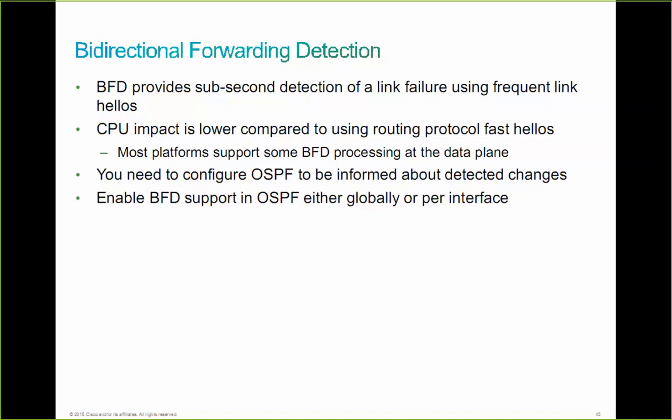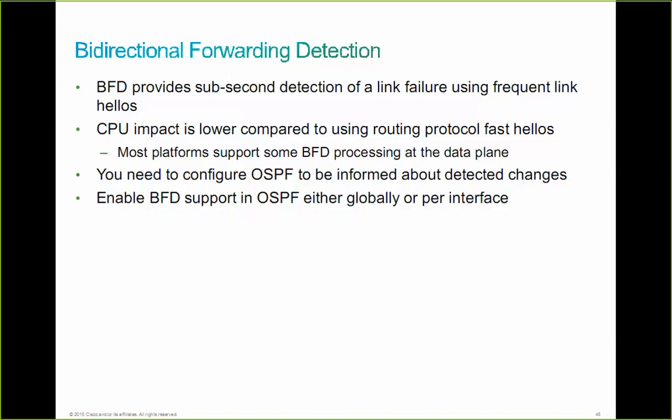BFD is a technology that uses something called fast layer 2 link hellos to detect either a completely failed link or even links that are operating unidirectionally, one way. And somewhere between 50 milliseconds and 150 milliseconds, we see this event detection. Very, very important.